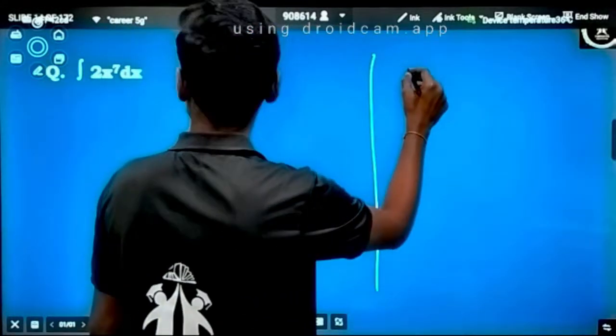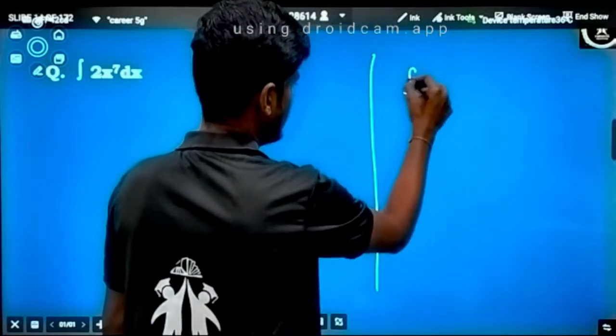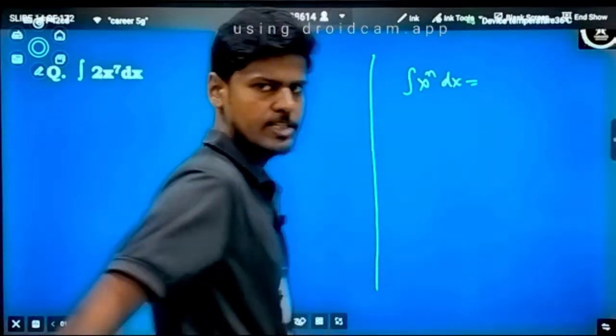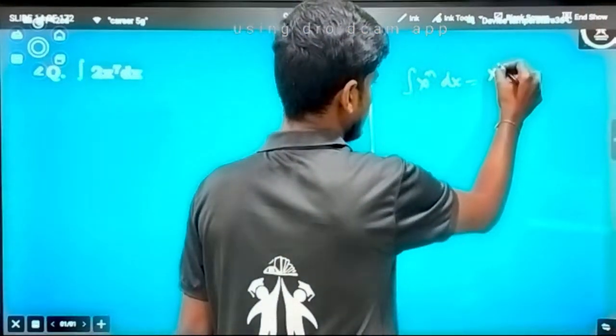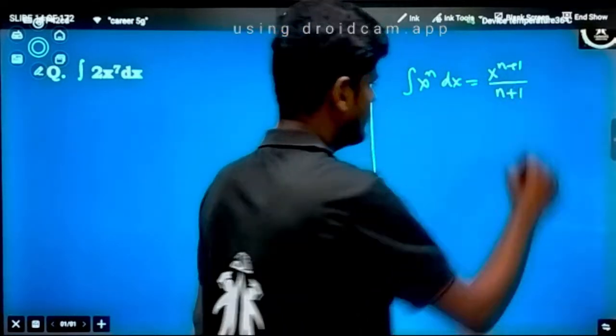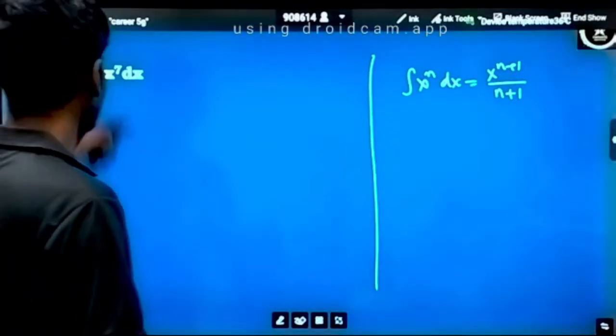Now what is the formula? Integral of x power n dx equal to, what is the formula, students? X power n plus 1 divided by n plus 1. So we will use this formula for solving.